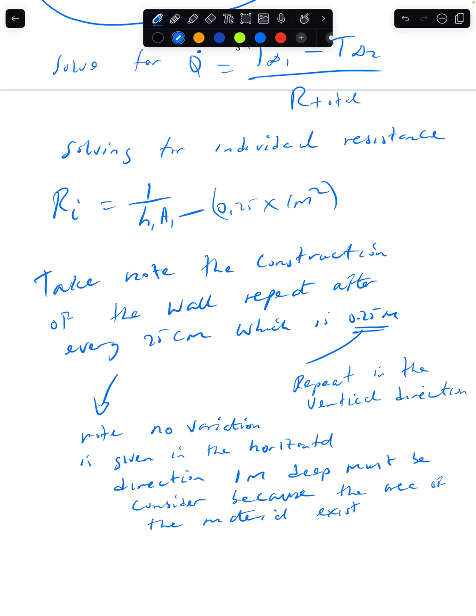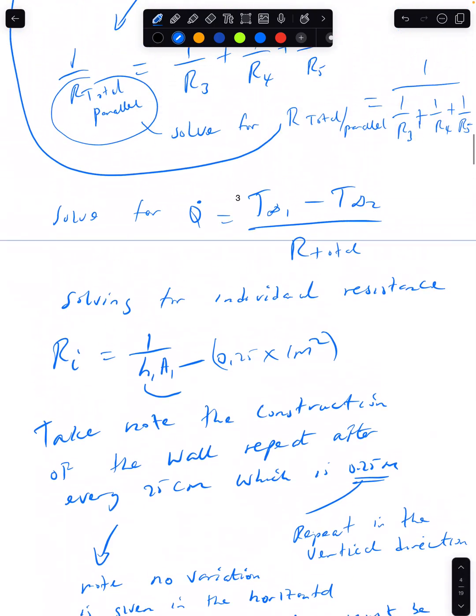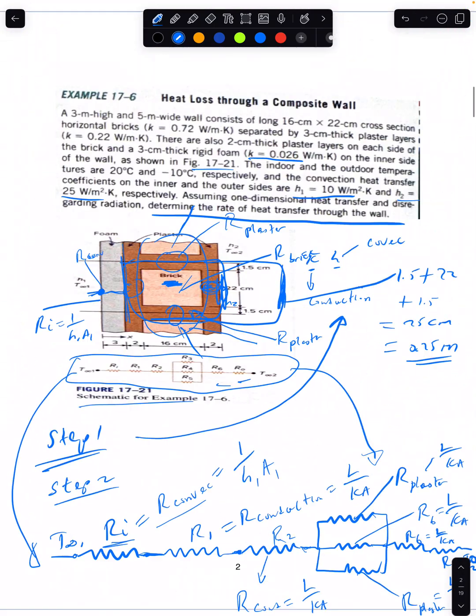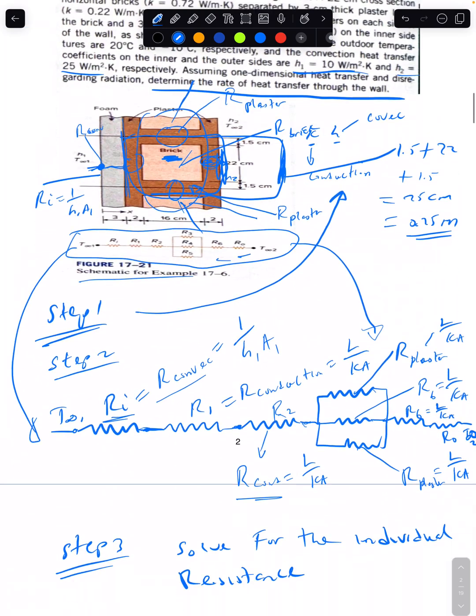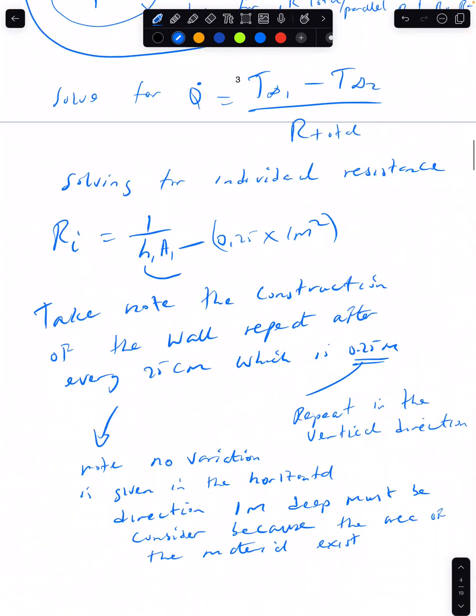And therefore, you're going to see that in this problem, the value for h1 was given as 10 W per meter square times Kelvin.